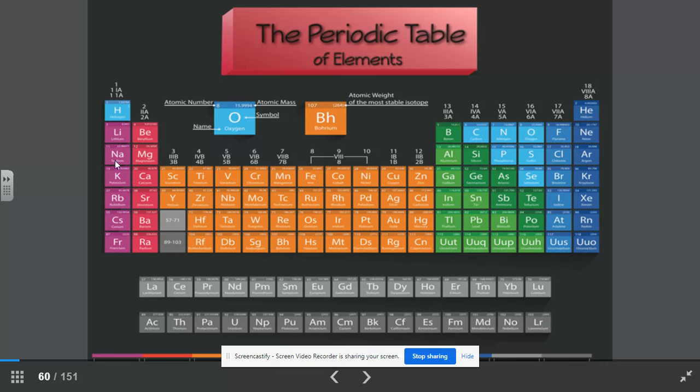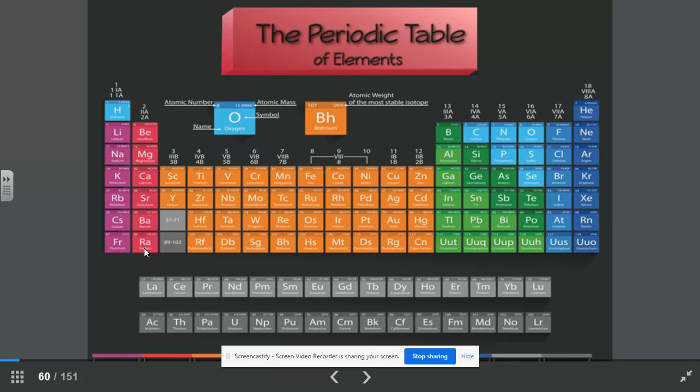All right, let's look at what these have in common. So group 1, these are alkali metals, the purple here. These are very reactive and they are not freely found in nature. So very reactive, that means they will react with water. Group 2, we have the alkaline earth metals.